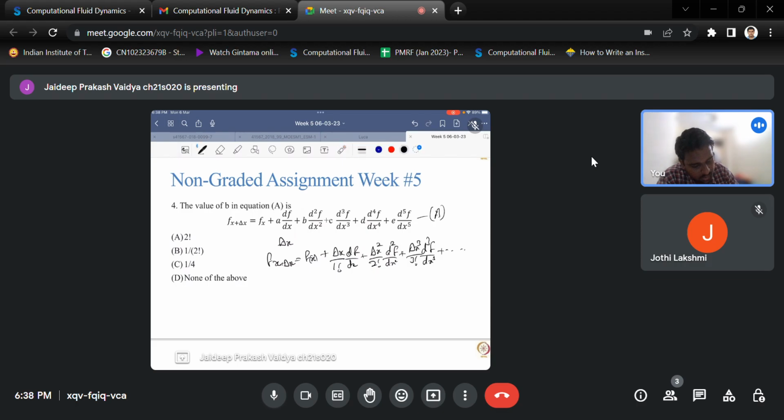Therefore the answer is delta x square by 2 factorial.